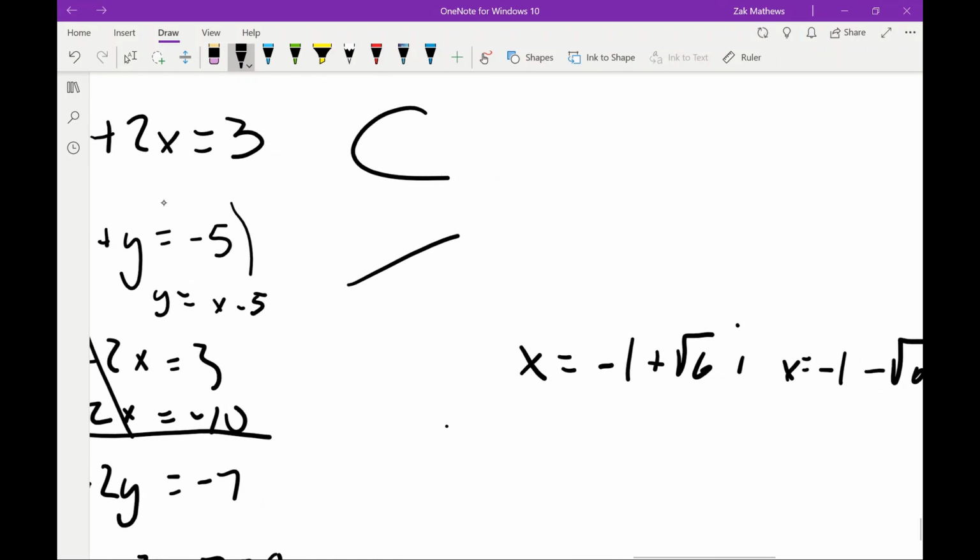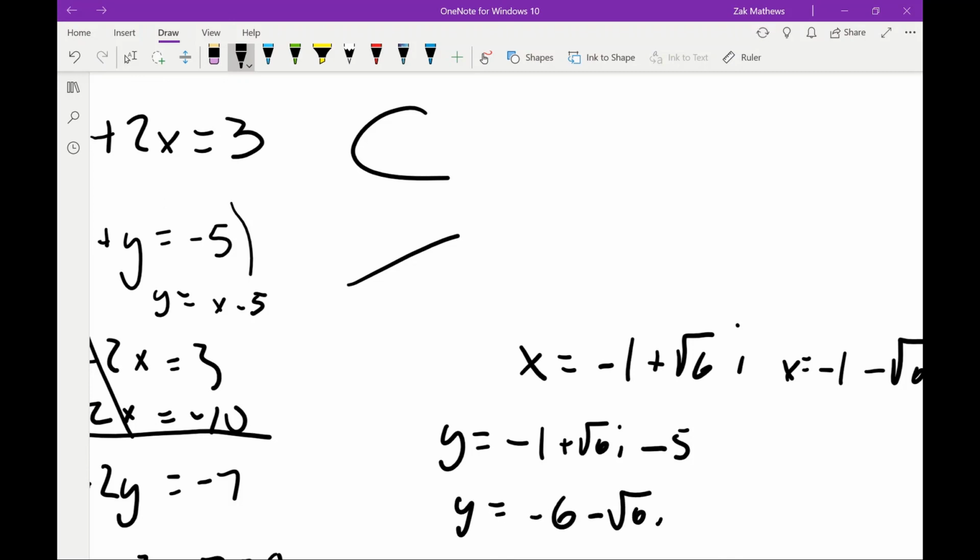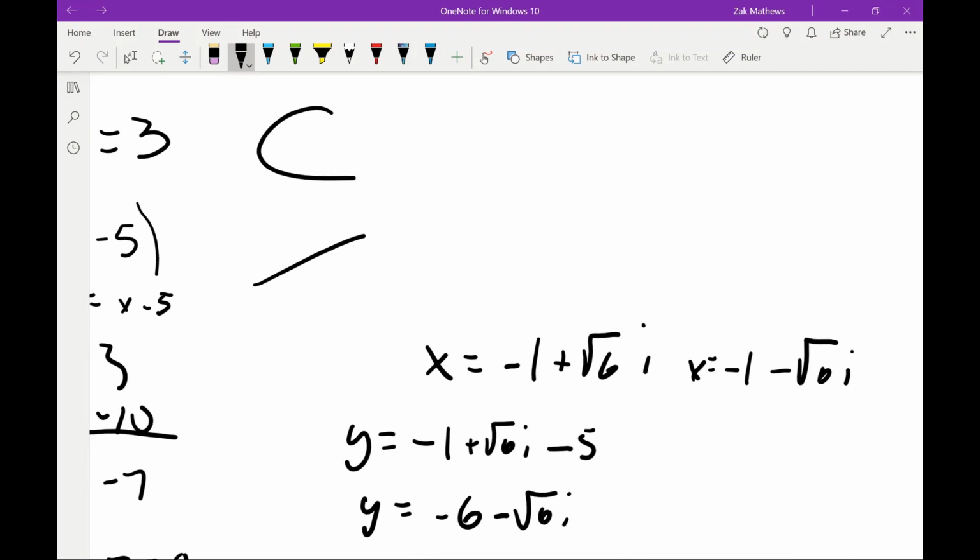So we're going to take our y, we're going to plug in our x, negative 1 plus the square root of 6i, minus 5. And so we get negative 6 plus root 6i. Then we're going to do the same thing, but for the i with the negative in between, we'd have negative 1 minus root 6i minus 5. And so we get negative 6 minus root 6i.